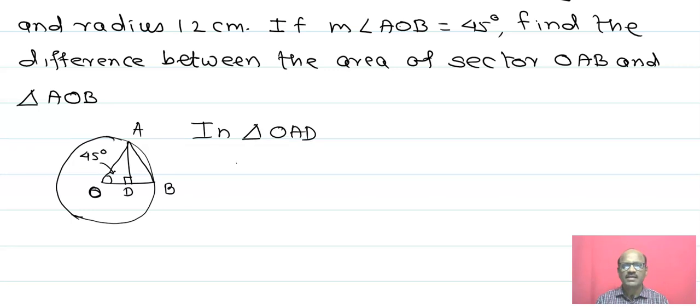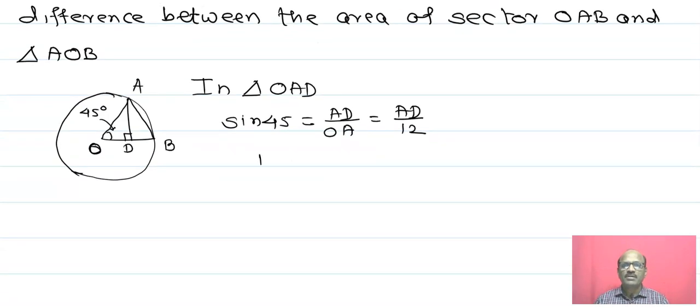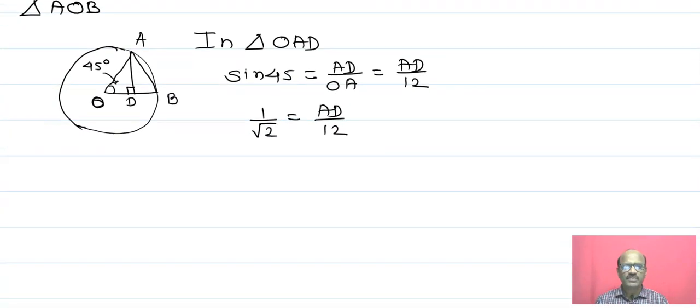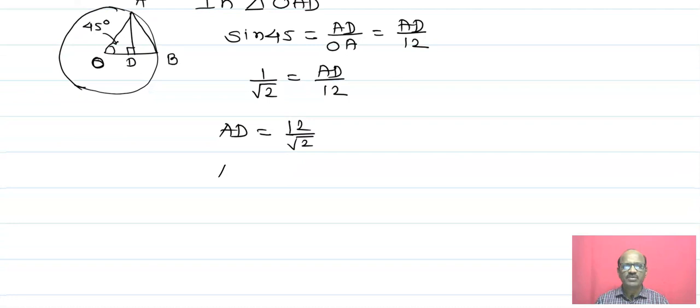In triangle AOD, sine of 45 is equal to opposite side upon hypotenuse, that is AD upon OA, AD upon 12, OA is 12 and sine 45 is 1 by root 2. Therefore 1 by root 2 is equal to AD upon 12. Therefore AD is equal to 12 upon root 2.